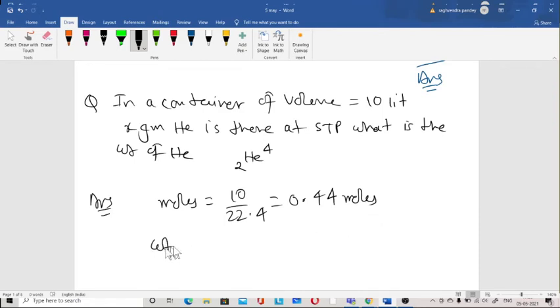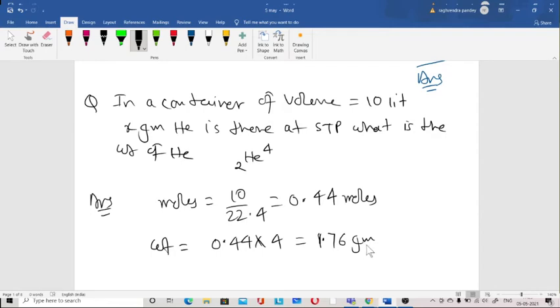Now weight is equal to 0.44 into 4, so that will come as 1.76 gram.